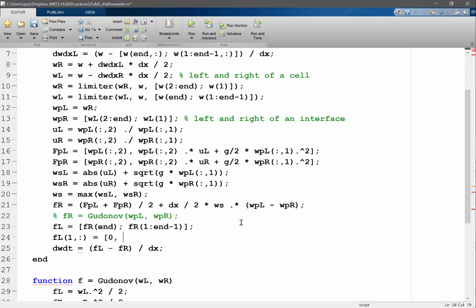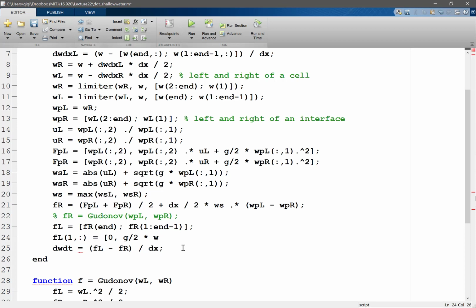If we have a solid wall, and the momentum flux should be g over 2 times, so we actually shouldn't use the information across the domain, so let's just set it to be, yeah, actually I think my extrapolation also shouldn't use the information across the domain, but let's see if this works.